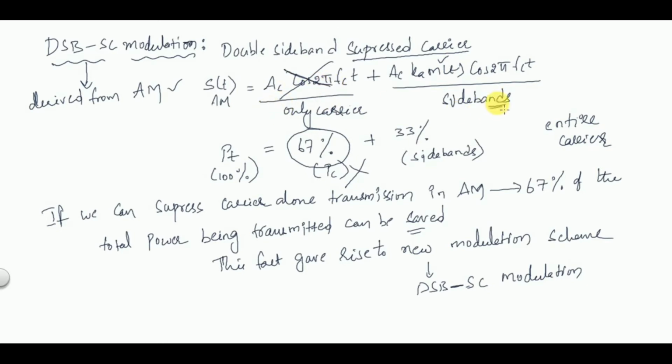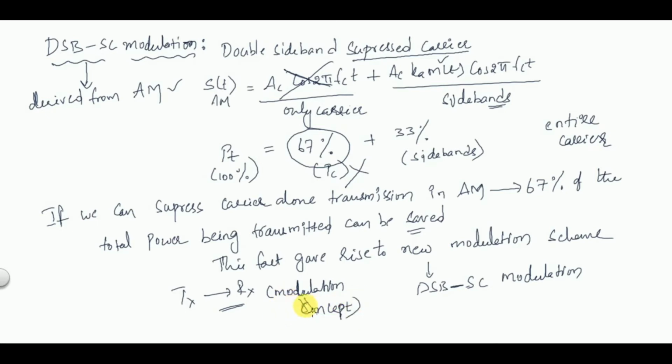So if no carrier is there, then there is no transmission of the message signal from the transmitter to the receiver. Again, it violates the modulation concept. So the concept here is that carrier alone transmission is being suppressed, but not the entire carrier.